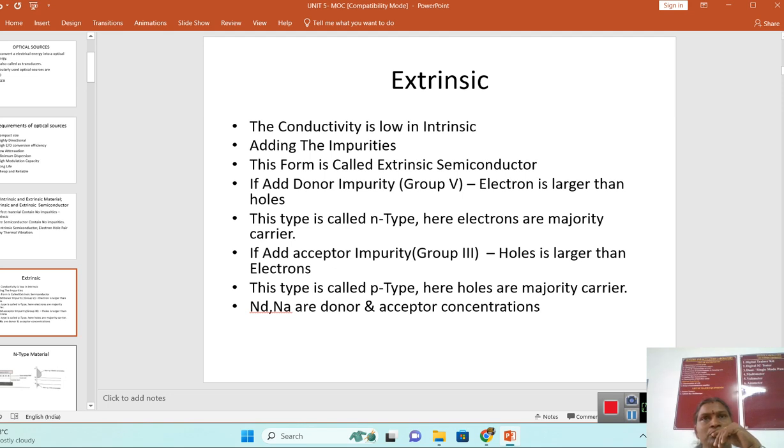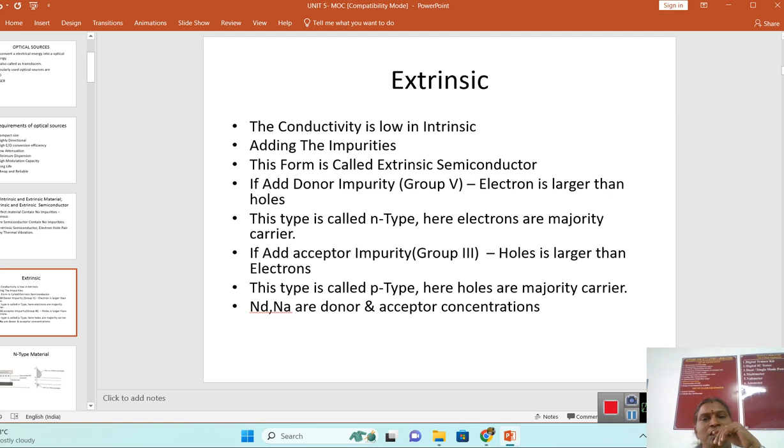In the outermost orbit, there are 5 valence electrons available in the donor impurity. This type of semiconductor material is called an n-type material because here electrons are in the majority.